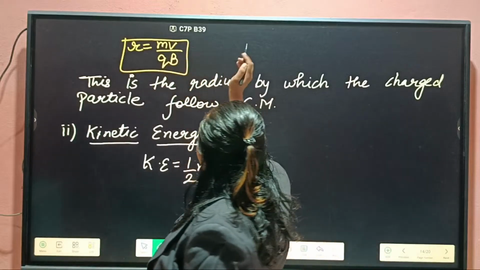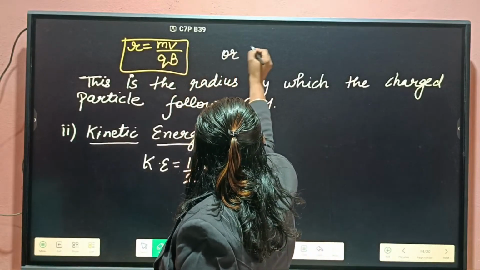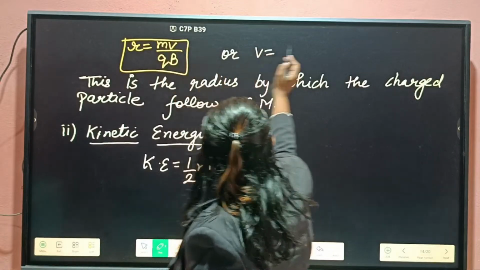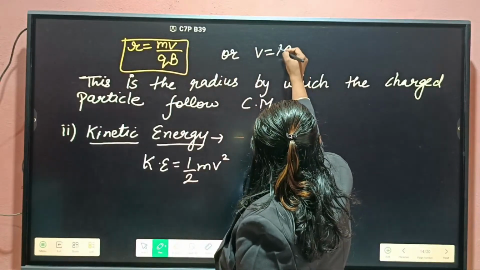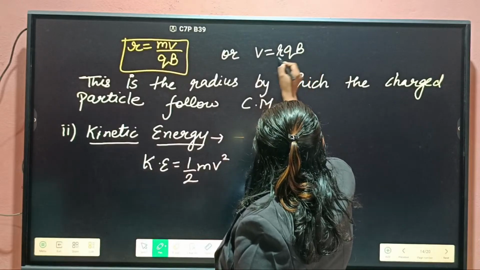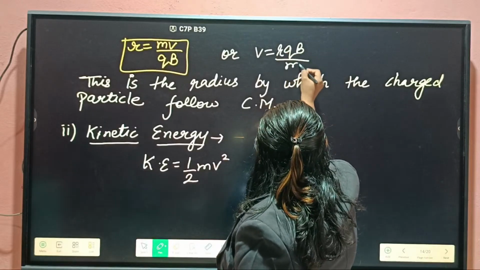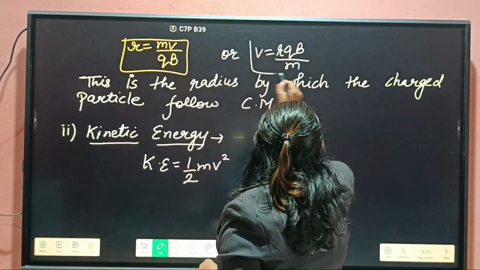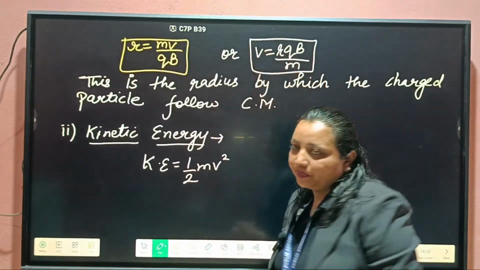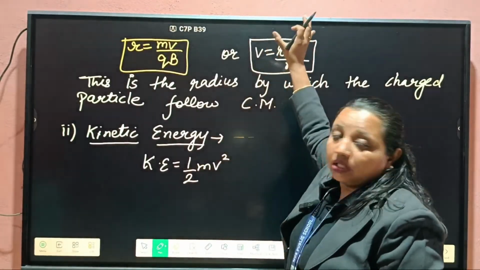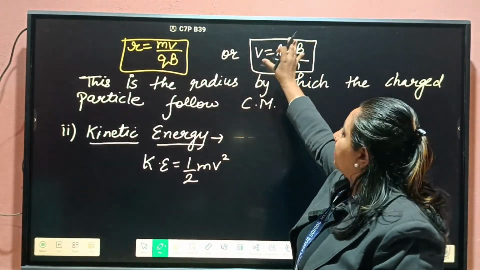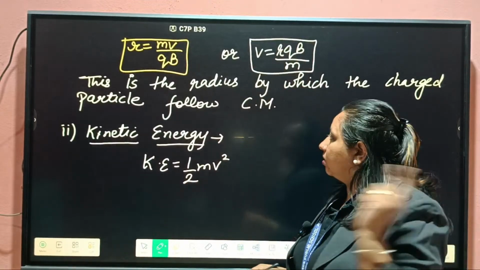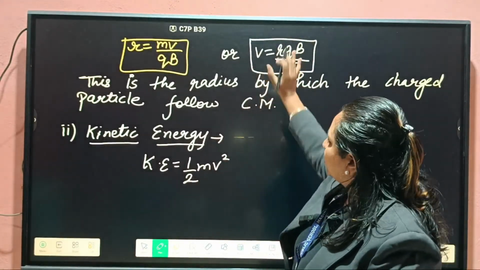We can also find the velocity from here, ठीक है, v is equal to rqB over m, ठीक है, v is equal to rqB over m. This is the expression for the velocity. The charged particle moves with this velocity, with this magnitude in the circular motion, right?